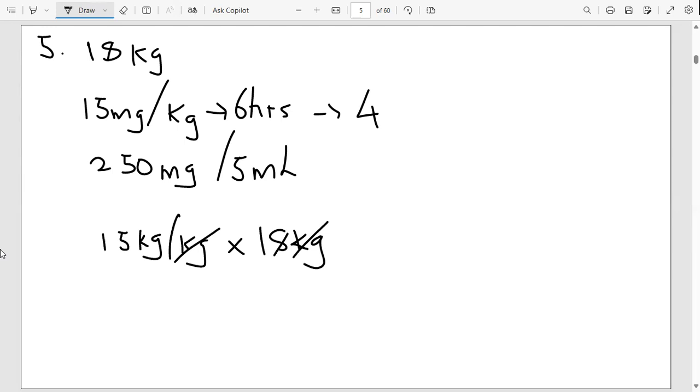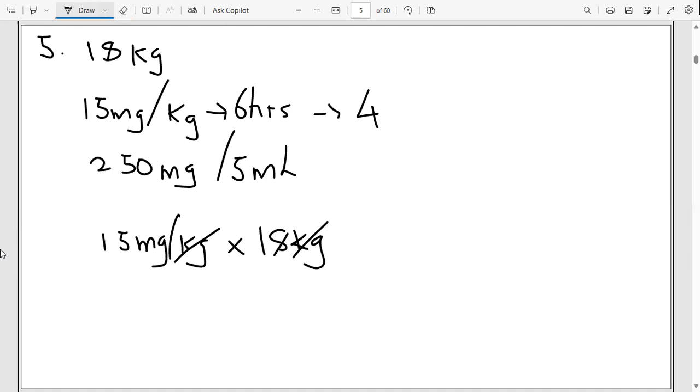The kg and the kg here are going to cancel out. So this is milligrams, not kg here. This is milligrams, so the kg and the kg are going to cancel out.